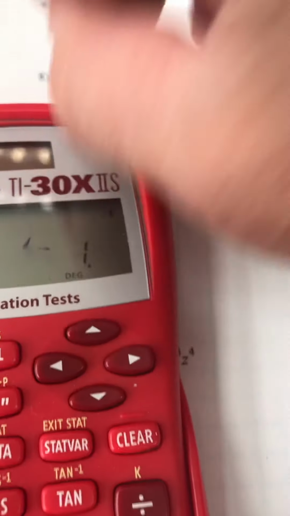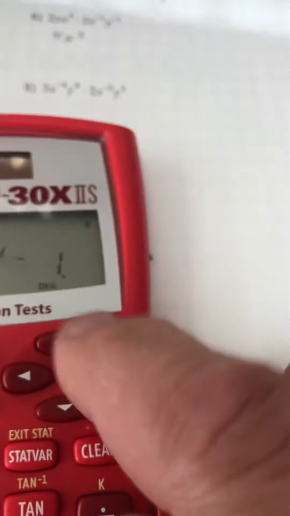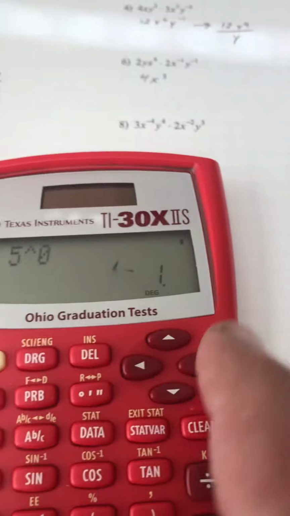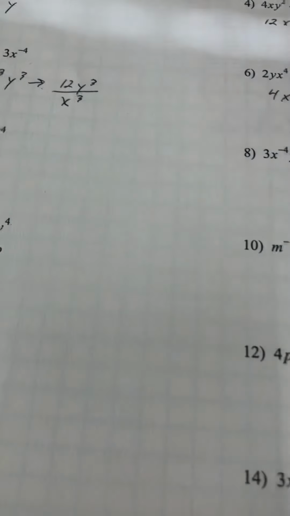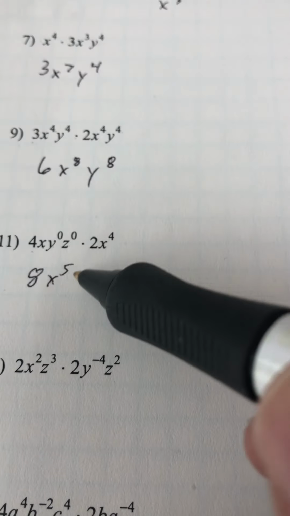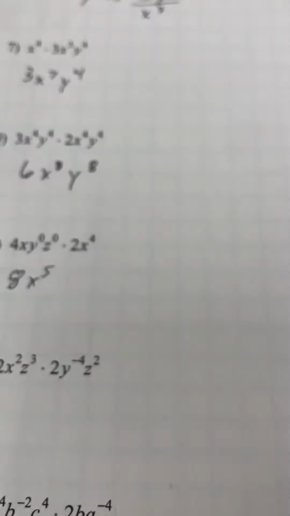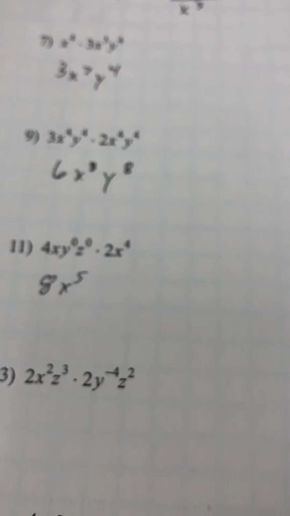That's just 1, that's not negative. So this would be times 1 times 1. So 8x to the 5th times 1 times another 1 is just still 8x to the 5th. So I'm done with that.